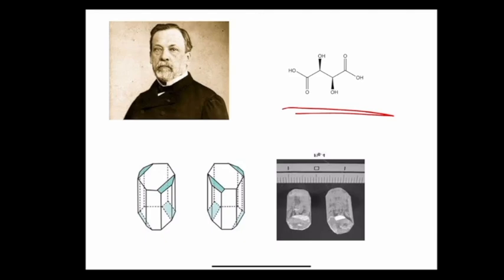So he got out some tweezers and he started separating them based on left and right. And lo and behold, the pile of crystals that looked like this all rotated light exactly like natural tartrate. He was able to do a separation to get something that you normally needed grapes to do. The weirder one is he took the other pile here and it rotated light the opposite way.